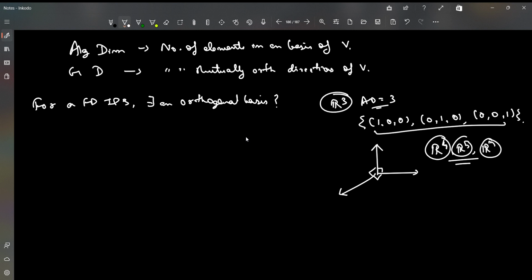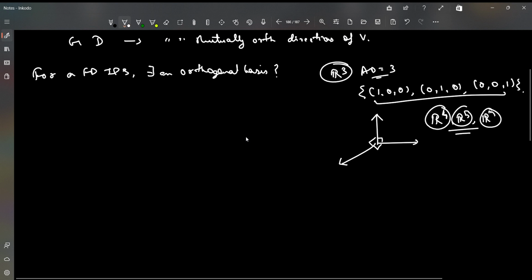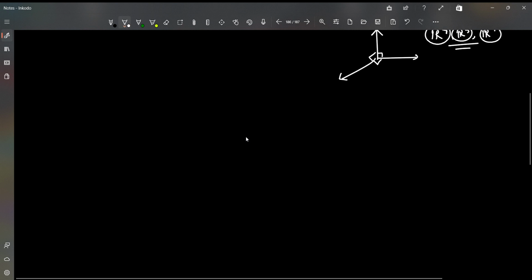Our claim is actually true, and that is what we call the Gram-Schmidt orthogonalization process. Let me state this and prove it.